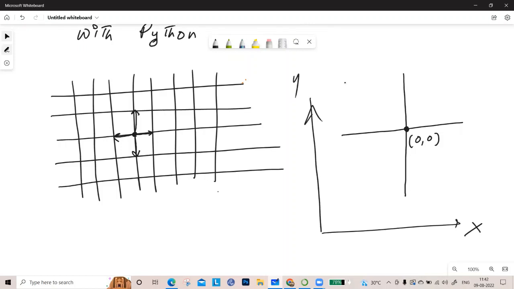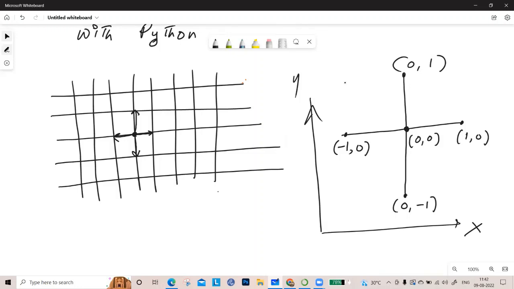And at each time step, it can go either right or left or up or down. So the right nearest neighbor would be 1, 0. This would be minus 1, 0. This would be 0, 1. And this would be 0, minus 1.